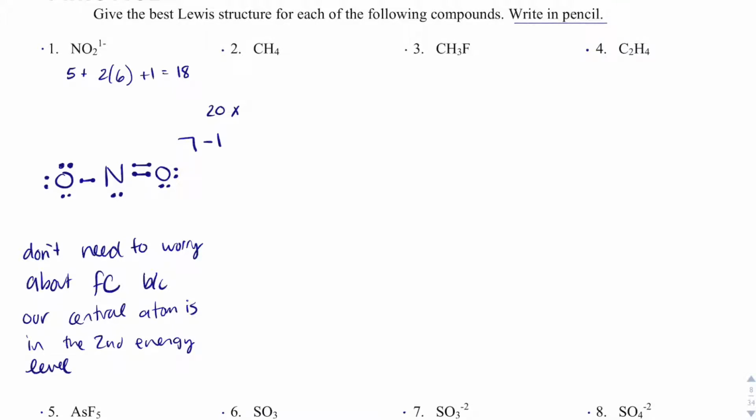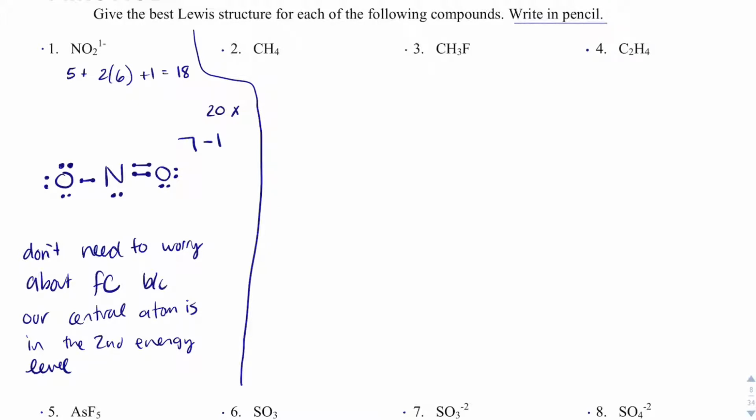Okay, and we talked about that only elements in the third energy level or higher, meaning third, fourth, fifth, sixth, seventh, can expand their octets or have more electrons or change their formal charge. So this does have a formal charge, it's just that we can't change it.